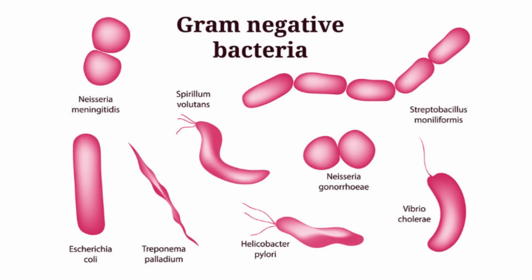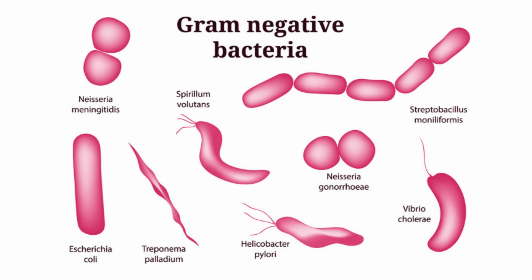Now, this is another way to look at gram-negative bacteria, because gram-negative bacteria is huge, you know. So just to remember, there are gram-negative cocci, Neisseria meningitidis and Neisseria gonorrhoeae. Neisseria meningitidis is diplococci. Neisseria gonorrhoeae is kidney-shaped, and we have Vibrio cholerae, which are comma-shaped.